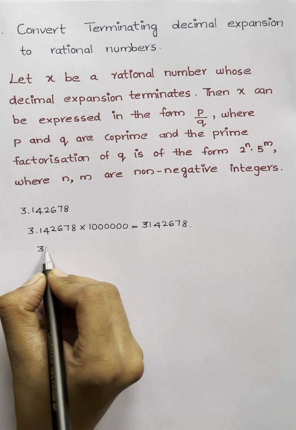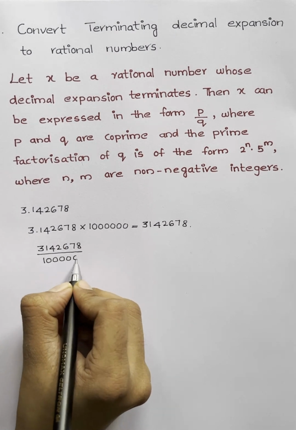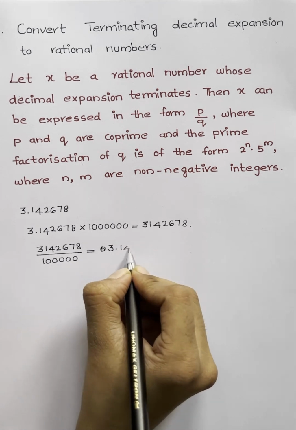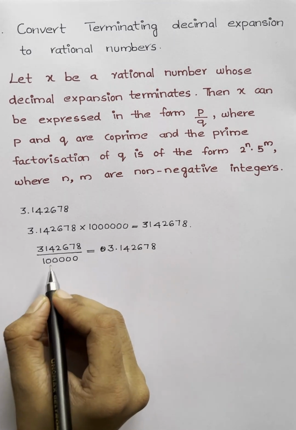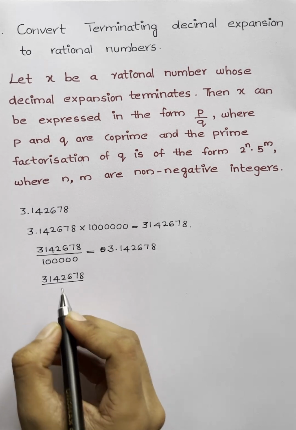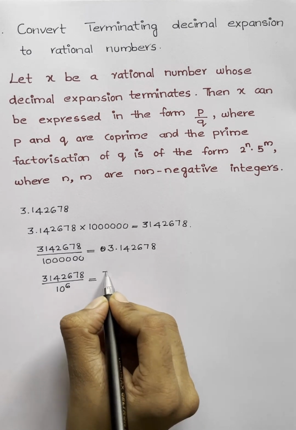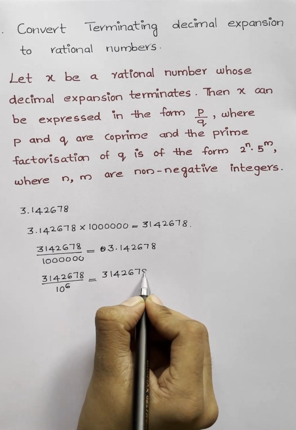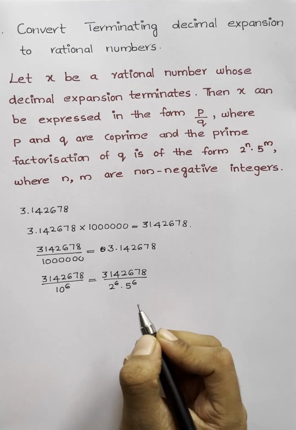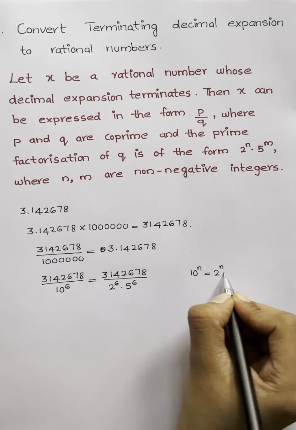It is written as 3142678 divided by 1 lakh, that is 10 raised to 6, which is written as 2 raised to 6 into 5 raised to 6, since we know that 10 raised to n equals 2 raised to n into 5 raised to n.